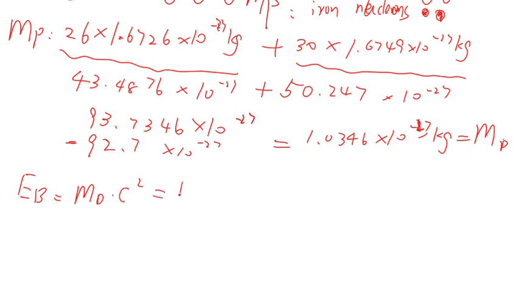It is going to be 1.0346 times 10 to the power of negative 27 times 3 times 10 to the power of 8, all squared.